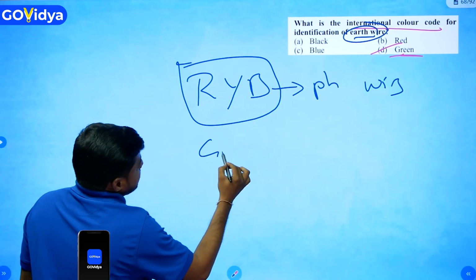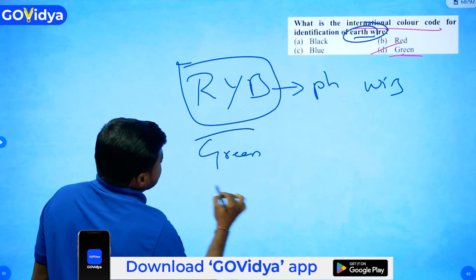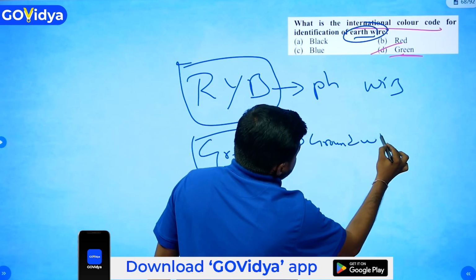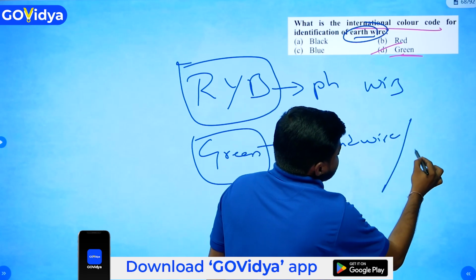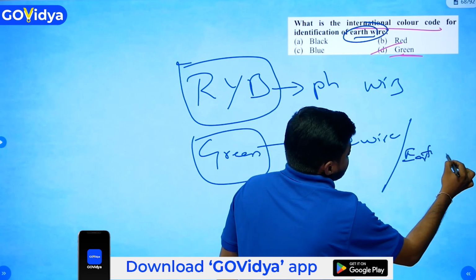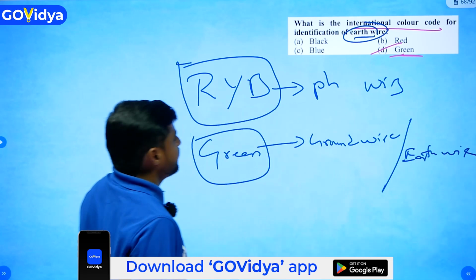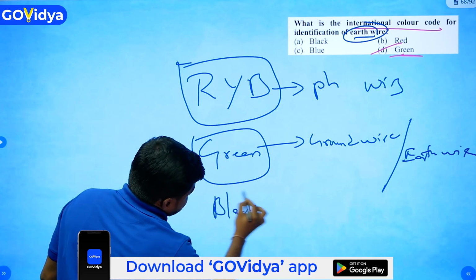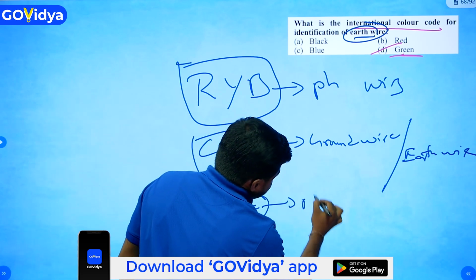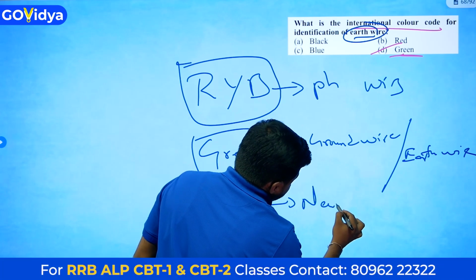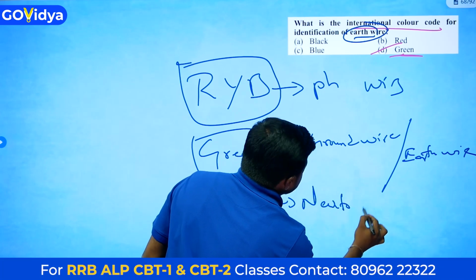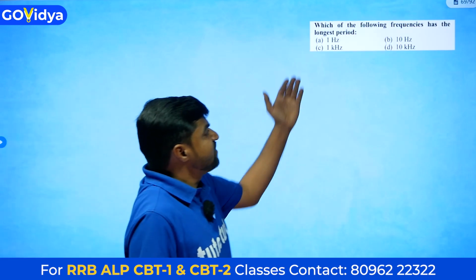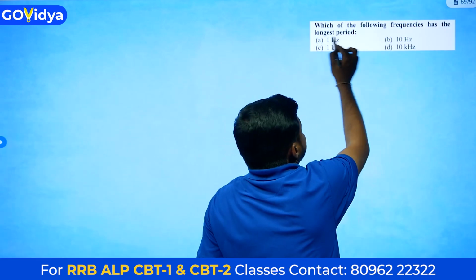Green color is for ground wire or earth wire. Black wire is for neutral wire.